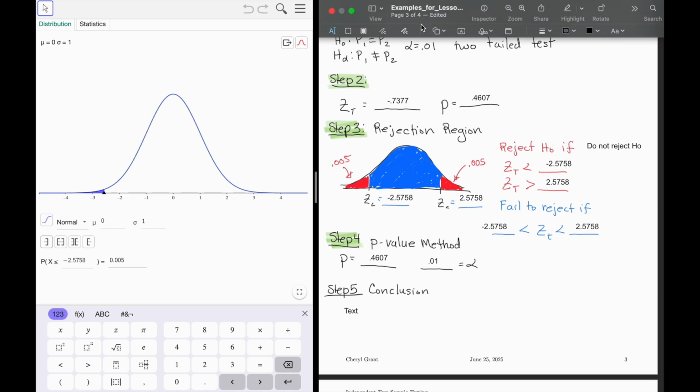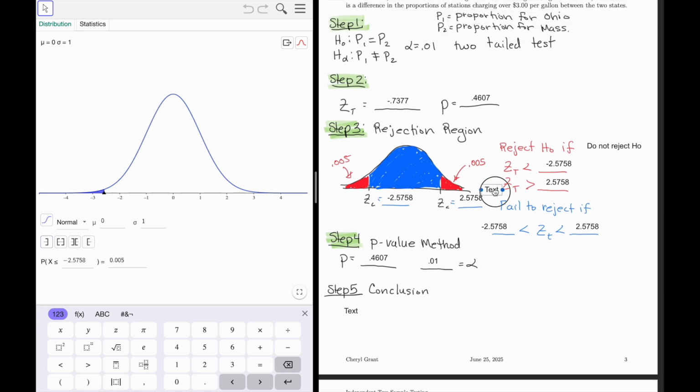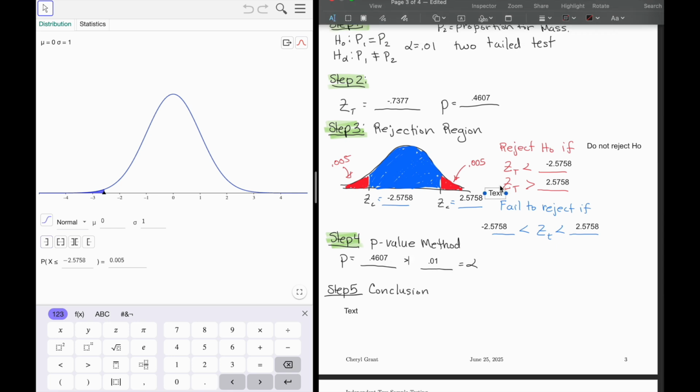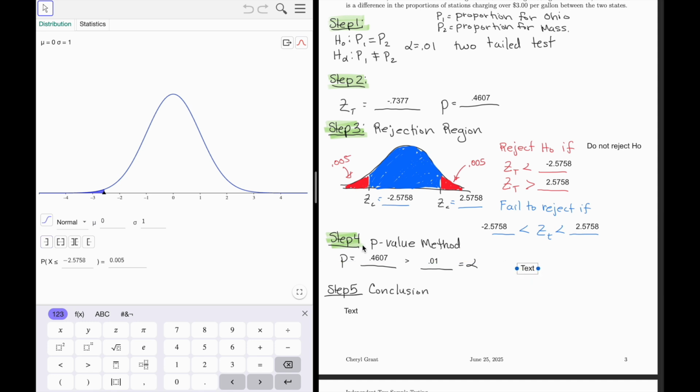Okay, so when we compare them, 0.4607 is greater than 0.01. So our decision for the p-value method is going to be the same. When the p-value is bigger than alpha, we say do not reject the null hypothesis.